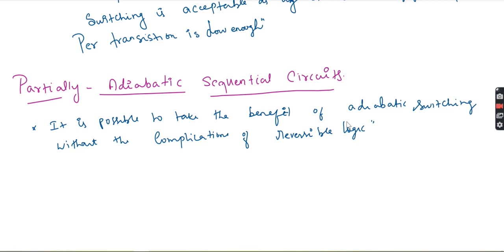So we can say the less complex circuitry may compensate for the unfavorable dissipation scaling with the time.